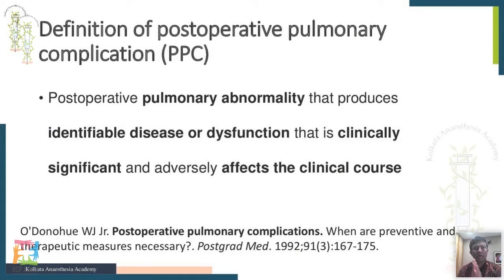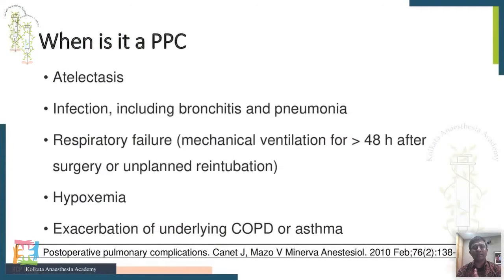One of the best definitions is by Donohue: a postoperative pulmonary complication is a pulmonary abnormality appearing in the postoperative period which produces identifiable disease or a dysfunction in the pathophysiology, which is clinically significant and definitely adversely affects the clinical course. So you identified a pulmonary problem, clinically significant, affecting a clinical course.